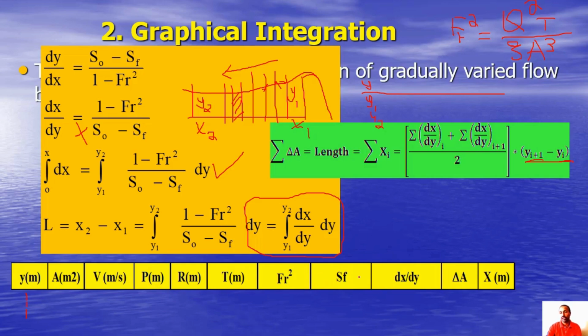Also, you can use the Manning equation or Chezy. dx by dy, you will just divide each. Then change in area. Then finally, x will be computed. Summation of this one. Cumulative will be taken from here to here. You go like this up to the final depths. So summation of change in area or length will be summation of xi.